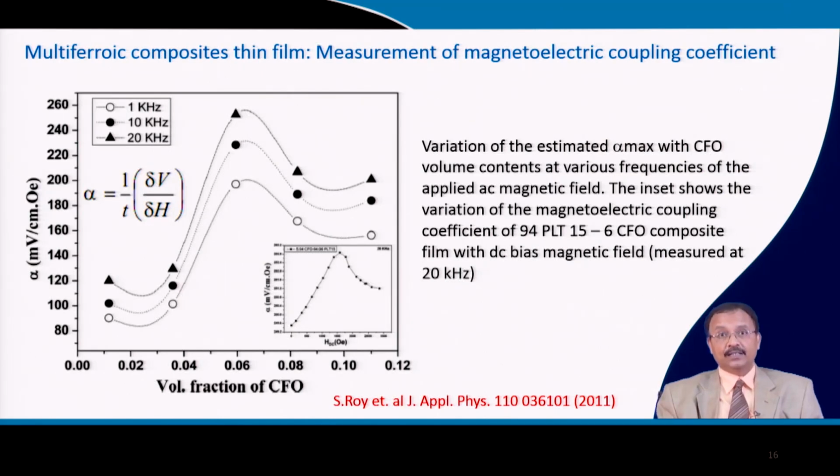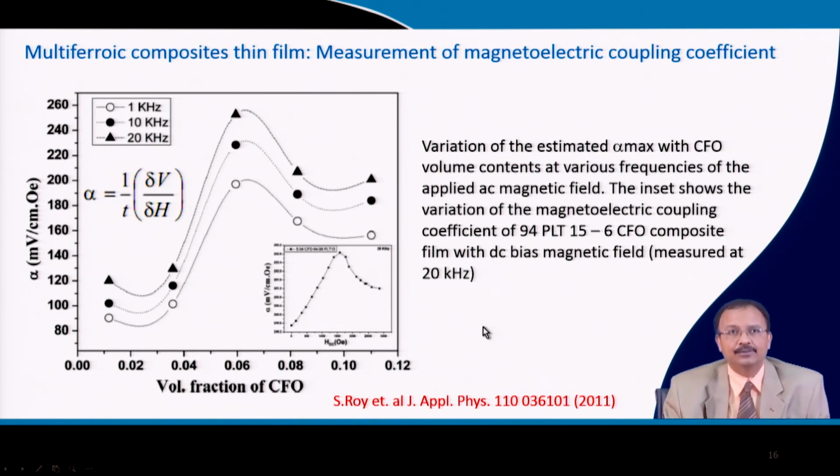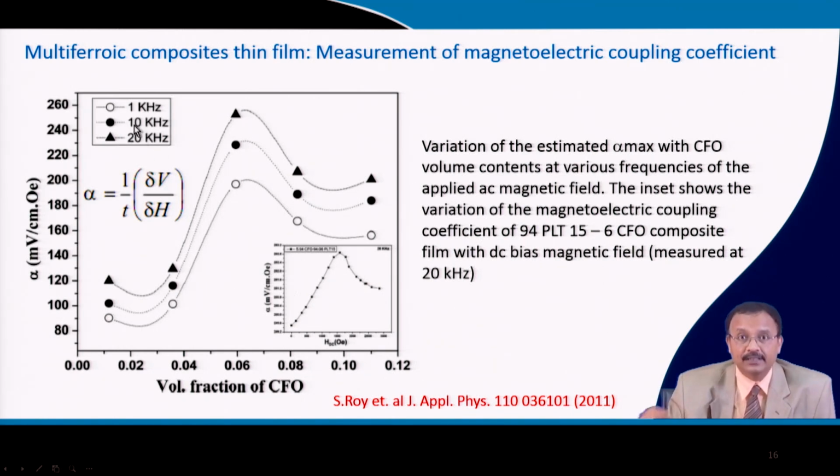Based on that, this value of alpha was measured. You can change the frequency of the field that you are applying, and at different frequencies you can measure or estimate this alpha from the measured voltage and the field, this del V by del H, knowing the thickness of the film.